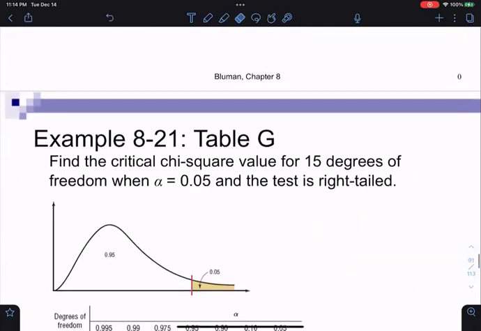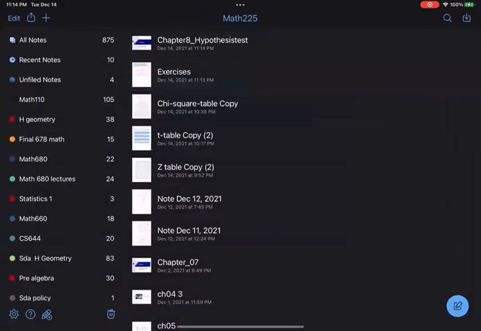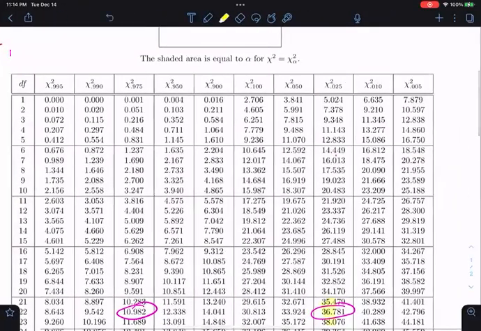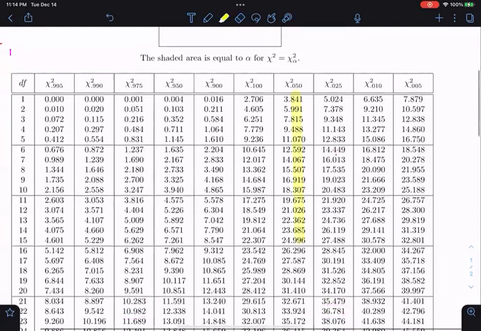So let's do that. Here they want you to find the critical chi-square value for 15 degrees of freedom when alpha is 0.05 and the test is a right tail test. When it's a right tail test, you just look at this value in the table, with 15 degrees of freedom and 0.05.